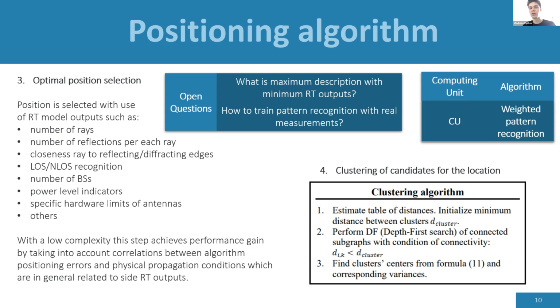Here we have some open questions, like how to get the maximum description with the minimum number of outputs from the ray tracing model. It's an open question because we don't exactly know how to describe the error.